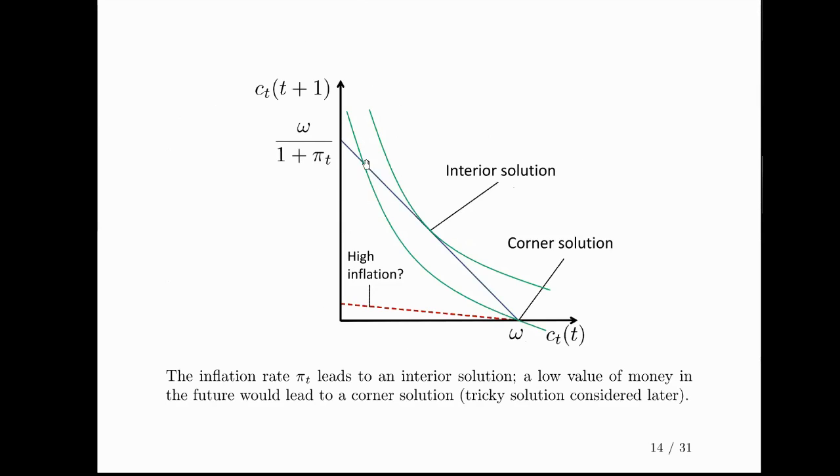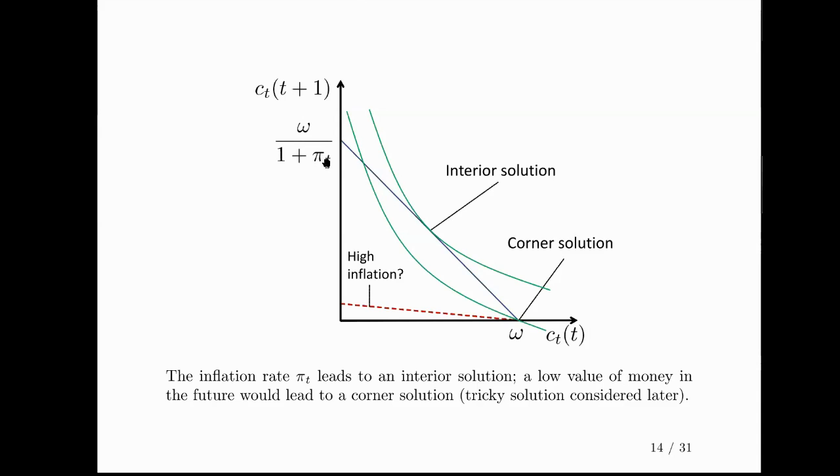It looks exactly as before. It's just that the total income, instead of being I, is omega. If I spend all of it in period T, then I can consume at most omega. If I spend all of it in period T plus one, I can consume at most omega divided by 1 plus pi_T, the inflation.